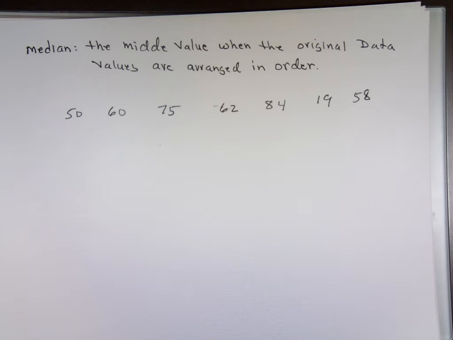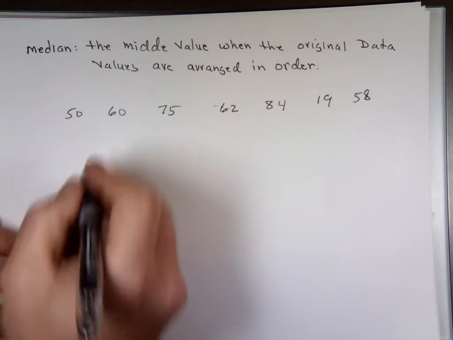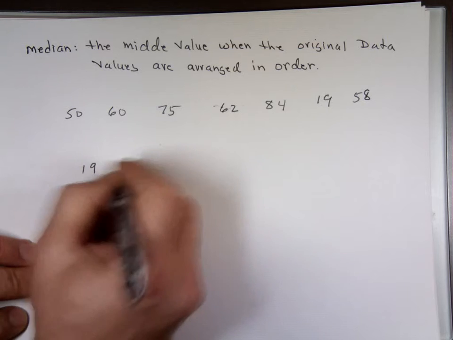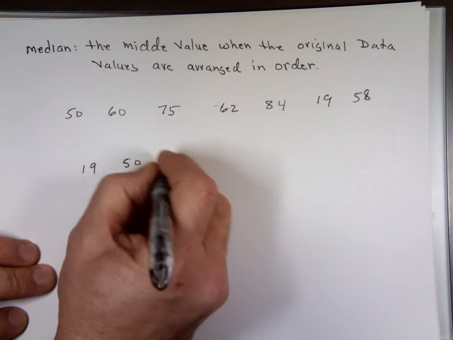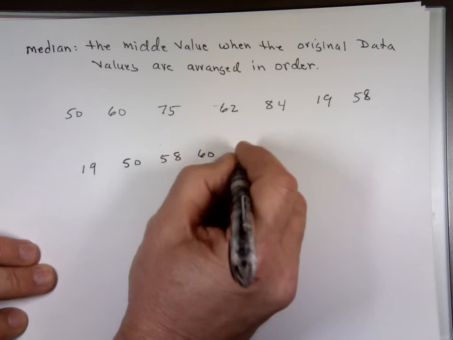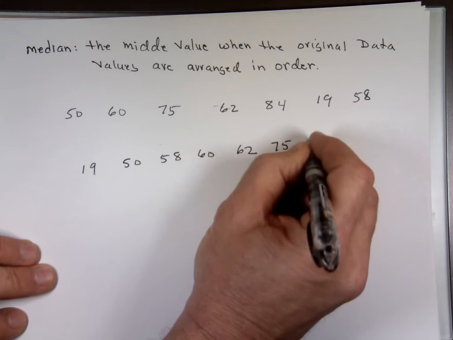62. Well, before we answer that, we need to put them in order. It might be 62, it might be the correct one, but first I have to put them in order. So smallest value to larger value. 19 is the smallest value. 50, 58, 60, 62, 75, 84.